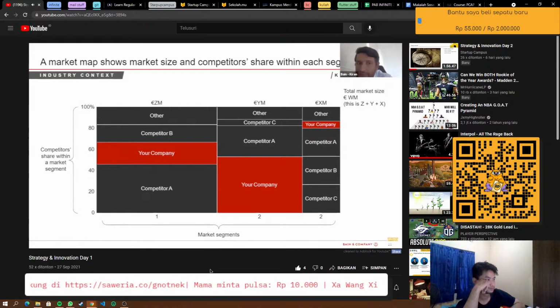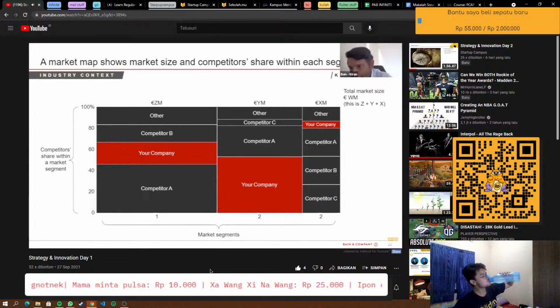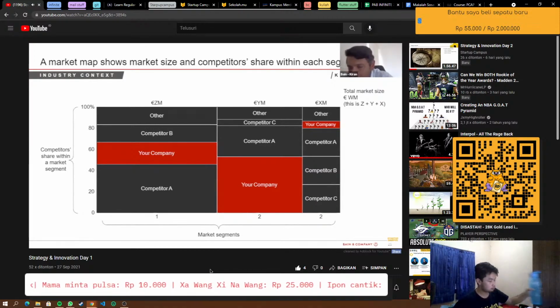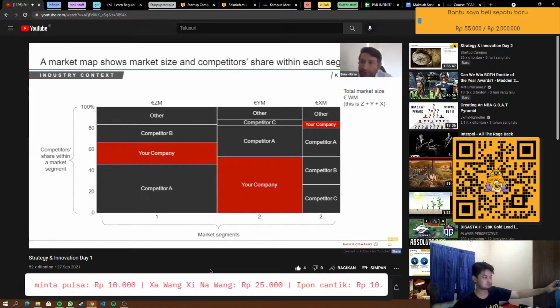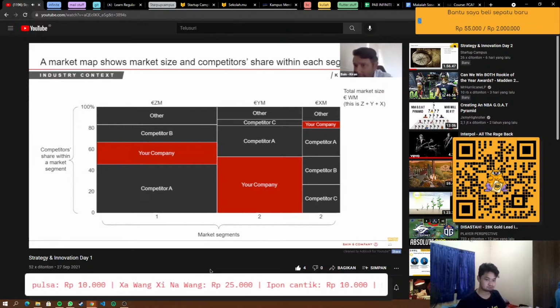And when you don't spend enough time building a market map, you don't know what segments are core to your business. And so managements spend a lot of time on segments where they are underperforming without realizing that that part of the business doesn't contribute a lot of value for them.